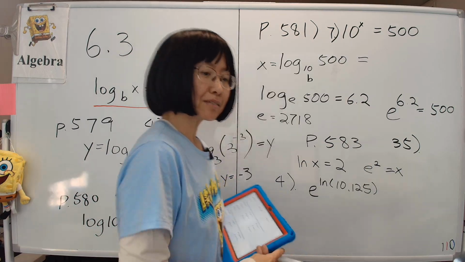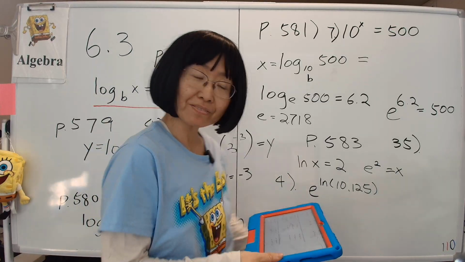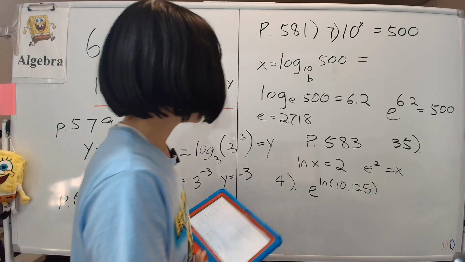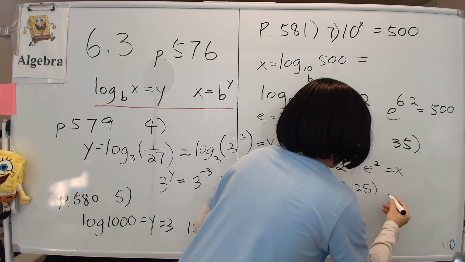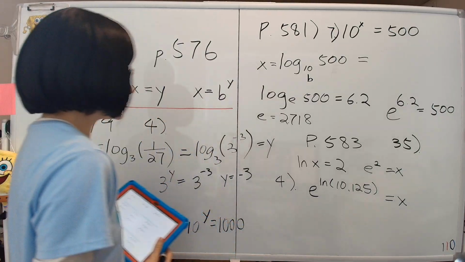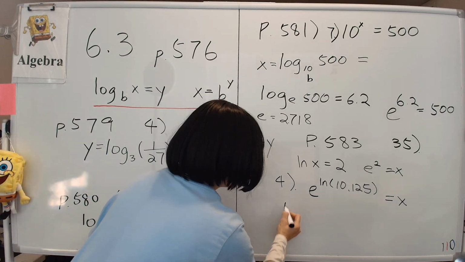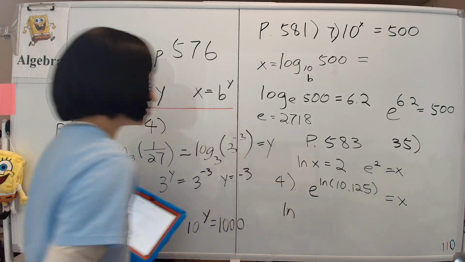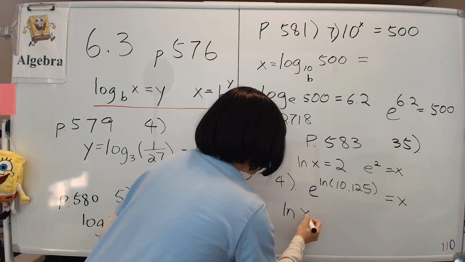All right, the next problem, we have this thing plus 4, but let's figure out what this is first. Then we'll add 4 to it. So let's say this thing equals x. How would you do that? We'll change it into the logarithmic form. That means a natural log, being that we're dealing with e here.